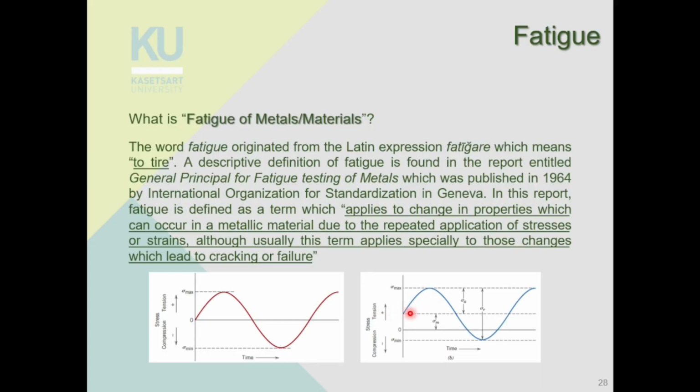As you can see in the picture on the right hand side here, the mean stress doesn't have to be zero. The mean stress or the average stress can be either positive or negative. So you have sigma m here, which is the mean stress, and the mean stress can be highly positive, like in this case. But the main thing is that the stress is not constant. The stress is fluctuating or changing or dynamic in nature, usually cyclic. It comes in cycles.